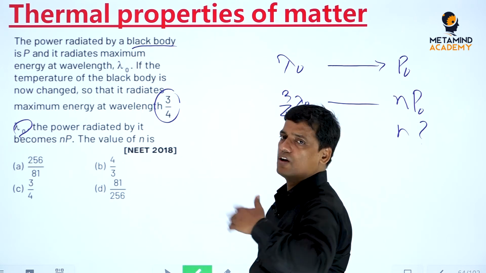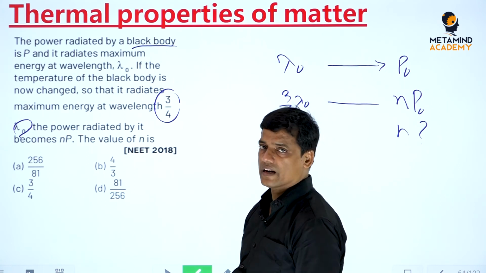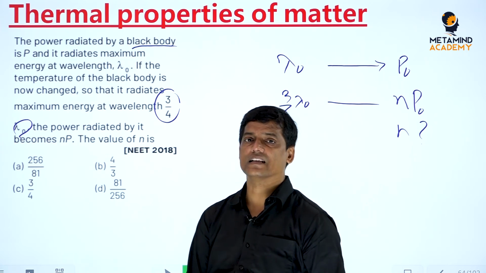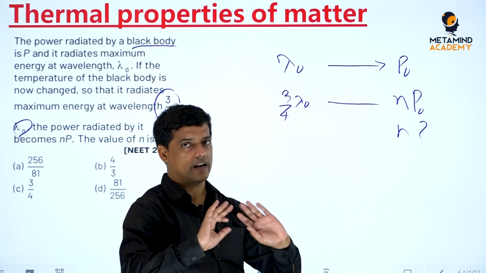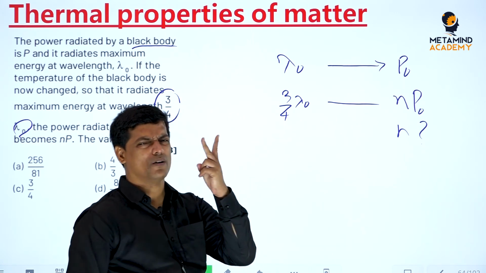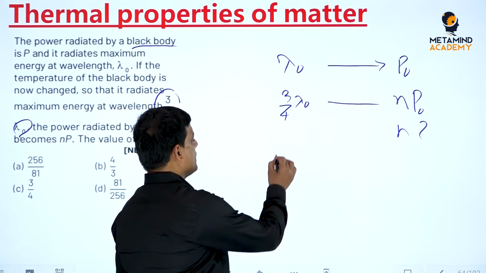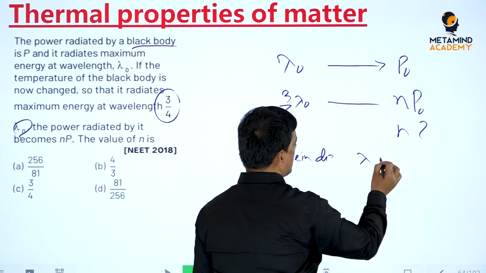Means what fraction of power is now being radiated when it has changed. Okay. So this question is also quite nice and it is actually testing the black body radiation concept. So black body radiation, you have two equations if you remember, or two laws. One is Wien displacement law, right, which says lambda is 1 by T.